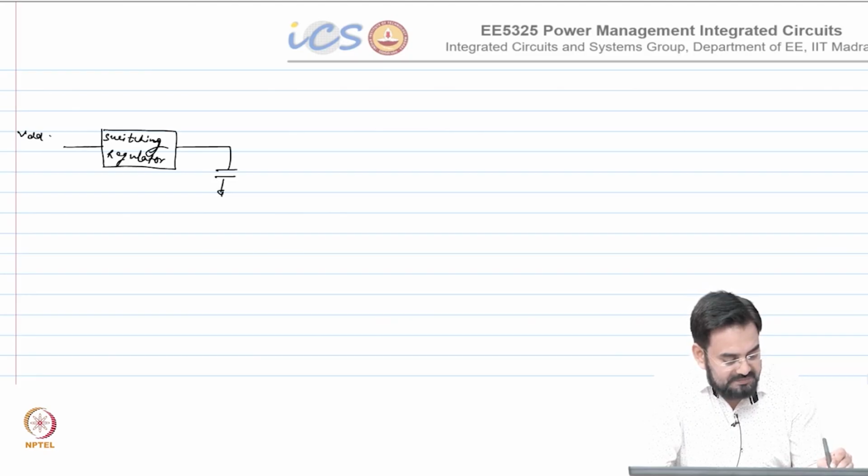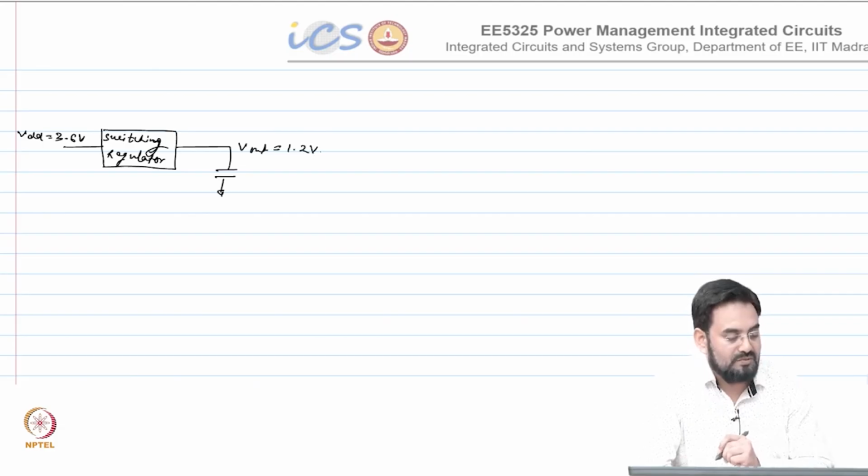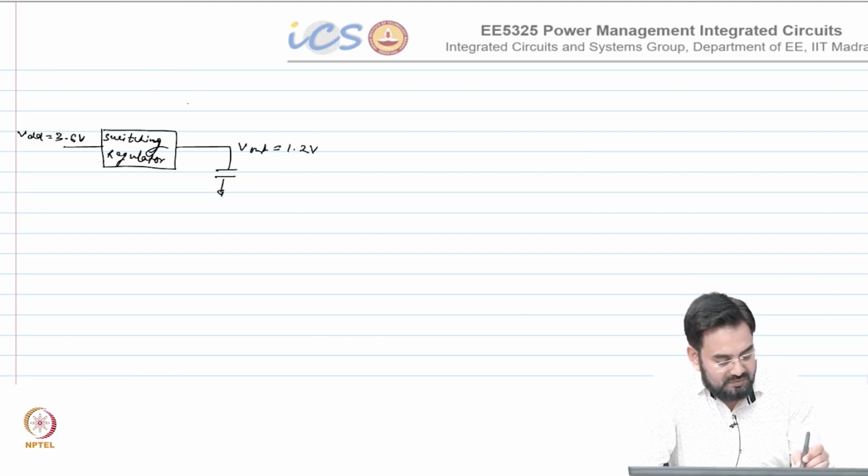VDD is, let's say, 3.6 volt, and I want V out equal to 1.2 volt. So what you do, and now this won't be LDO actually, because dropout voltage would be much larger. So I will just call it linear regulator.